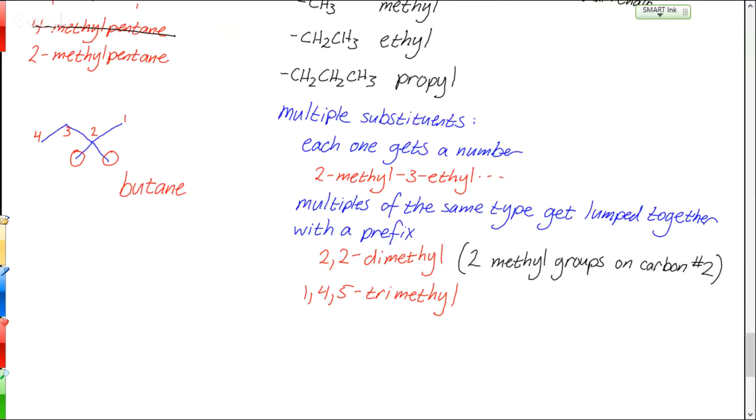Okay. All right, I'll tell you this one, and then you can work on the next one. So in this one, we've got 2 methyl groups. They're both coming off of carbon number 2. So the way that we express that is to say 2,2-dimethyl. So this molecule is 2,2-dimethylbutane.